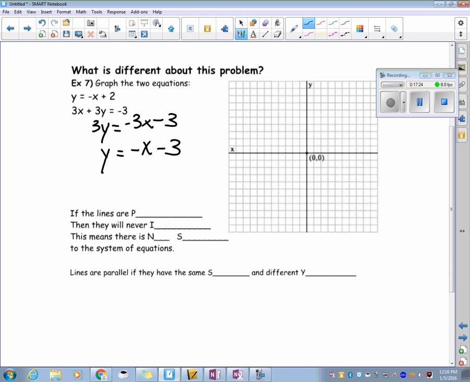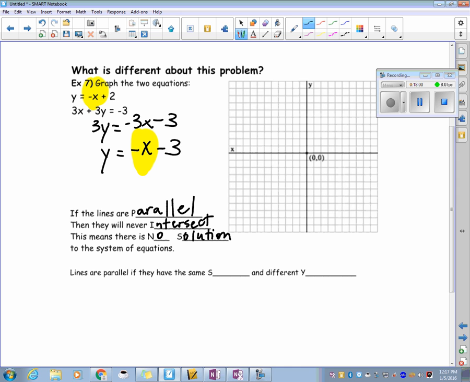And we know that these two are parallel because you can see that the slope in this one is negative 1 and the slope in this one is negative 1. So when the slopes are the same, the lines are parallel, then they will never intersect. And there is no solution.